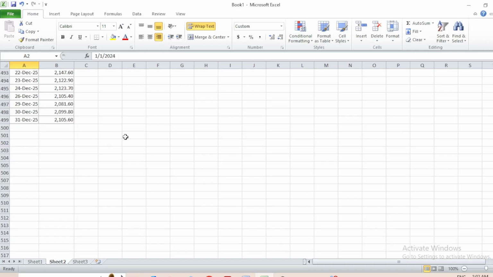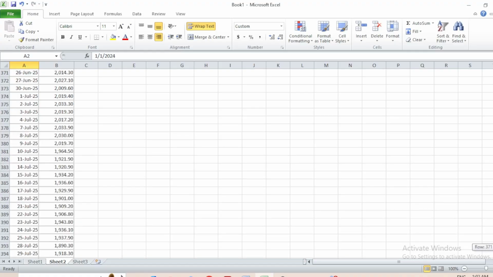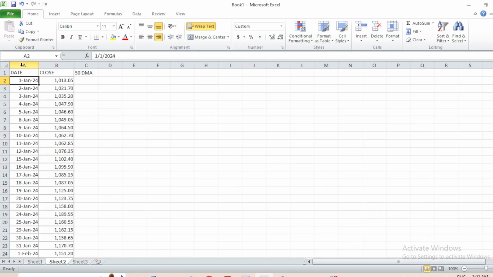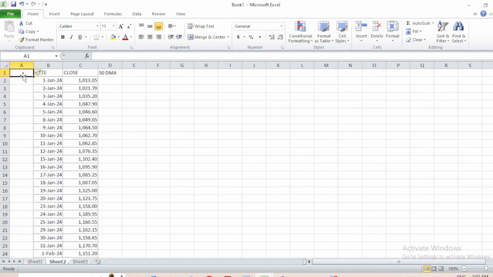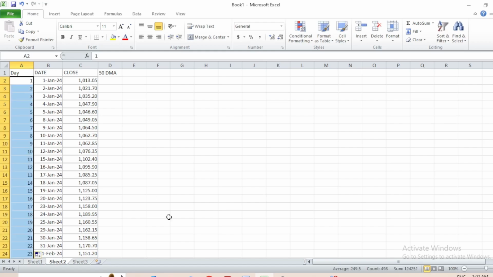So basically it is 2-year time frame data for that particular stock price. So what we will do, we will insert the day. This will be first day, second day, third day, and continuously we will number all these days.